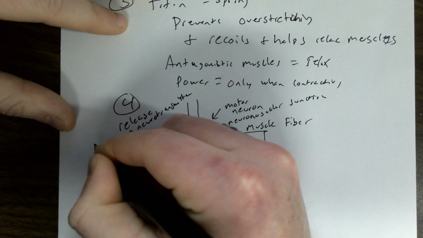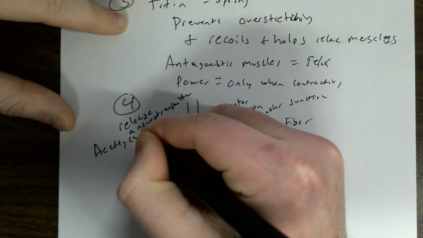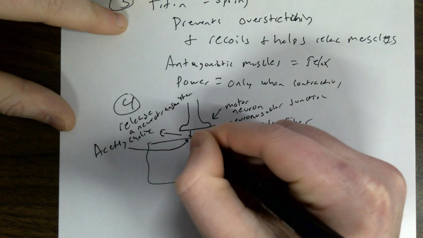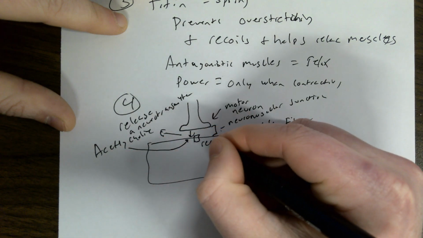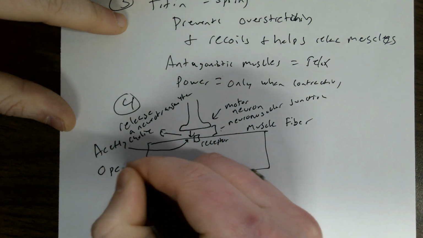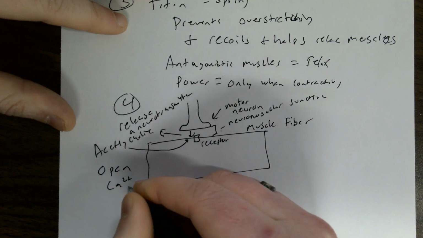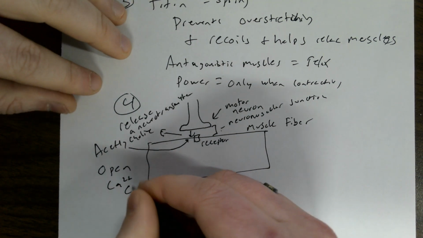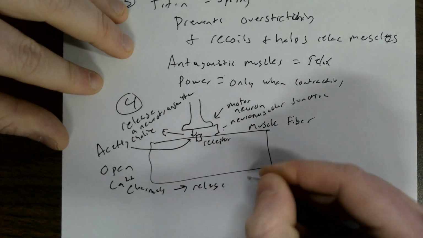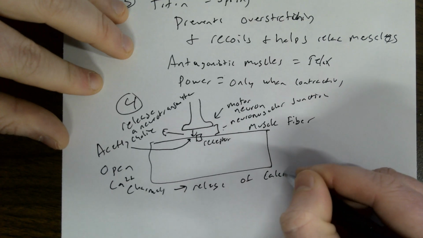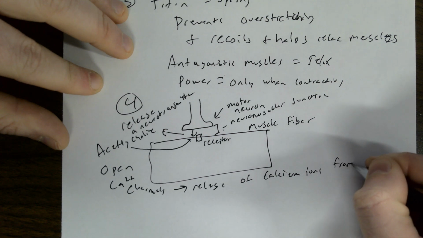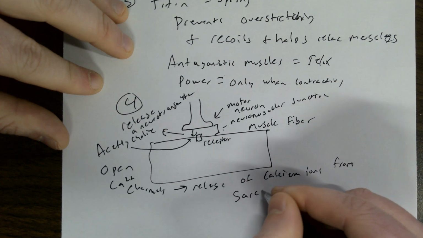In this case, it's acetylcholine. The acetylcholine will then bind to a receptor. When it binds to the receptor, it will open calcium channels and cause the release of calcium ions from the sarcoplasmic reticulum.